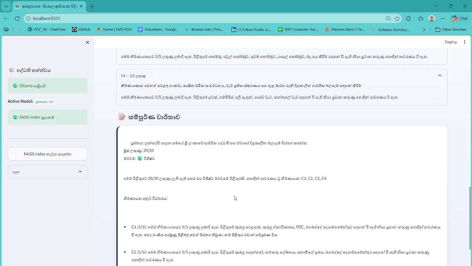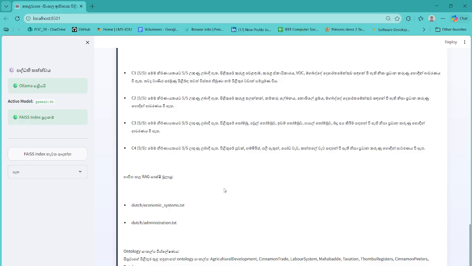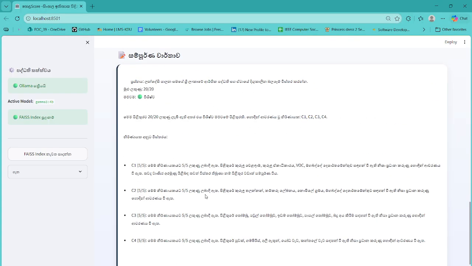And this is the entire report, and here are the concepts of RAG, what files it used to generate this report.